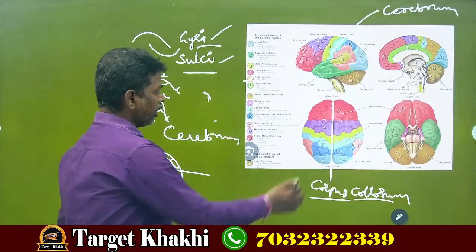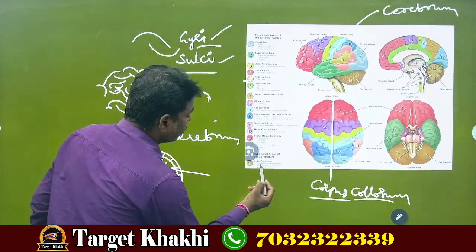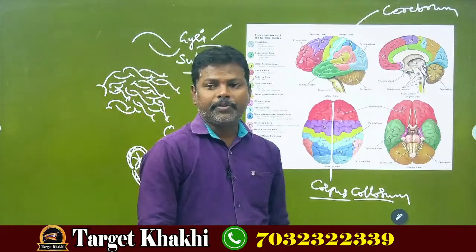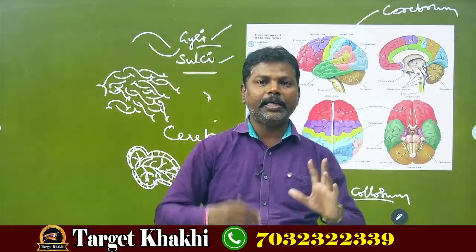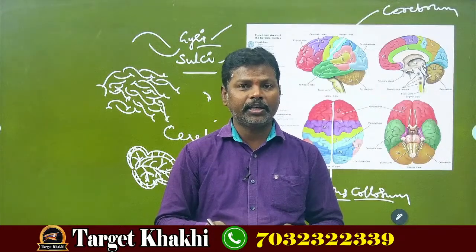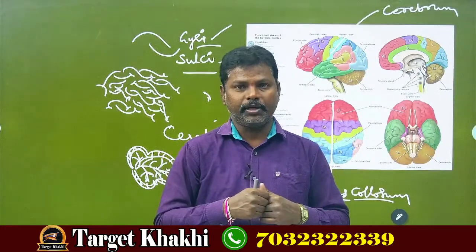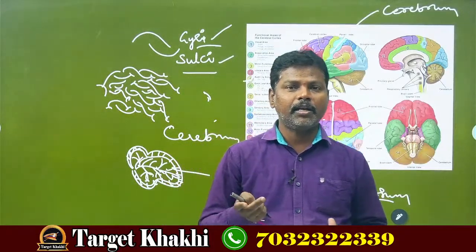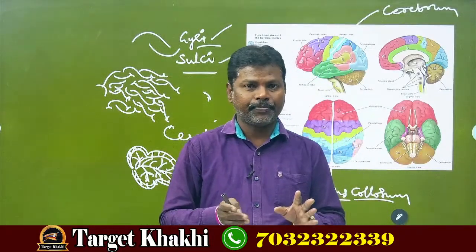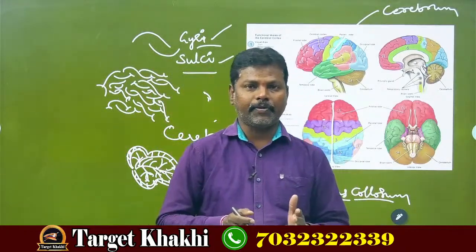Functions are also given here. All of you see here. Cerebellum functions: what will it do? It will maintain our body in an equilibrium position. When we are walking, running, jogging, jumping, sitting, it maintains stability in our body. That is what we call balance. The cerebellum helps in maintaining the balance of our body.